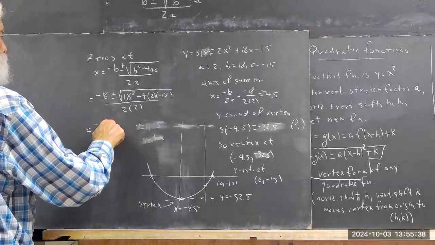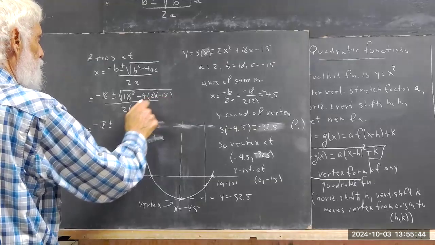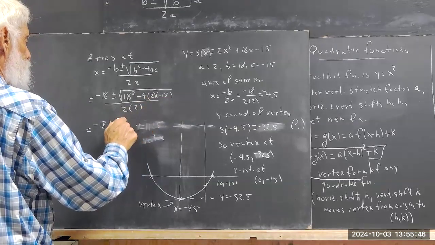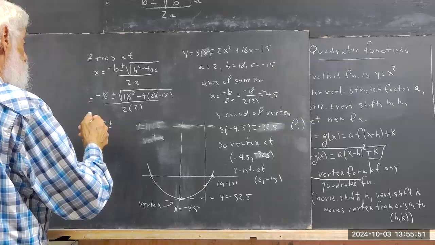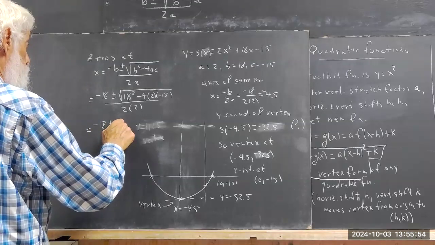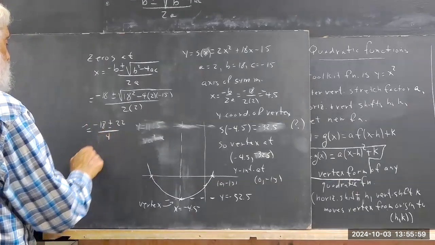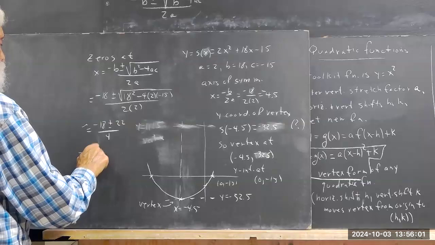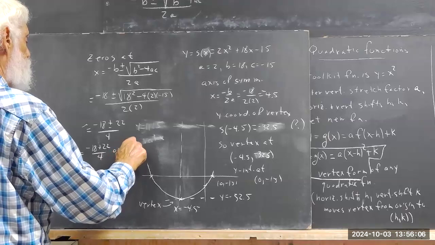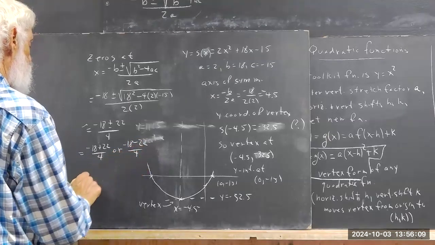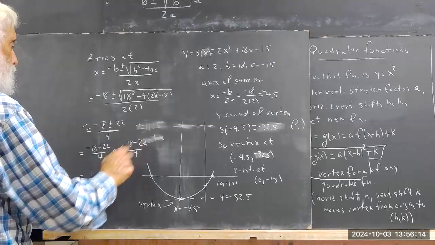That is negative 18 plus or minus the square root of 324 plus 120, so it's 444. The square root of 444 is very close to 22. It's approximately negative 18 plus 22 over 4, or negative 18 minus 22 over 4. That's going to be 1 or negative 10.